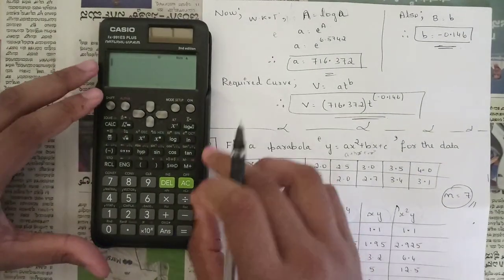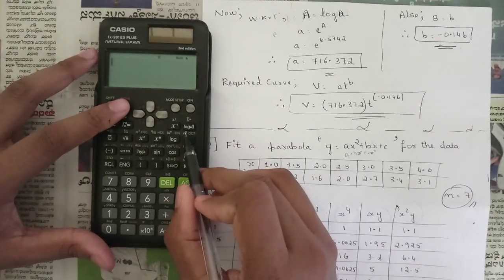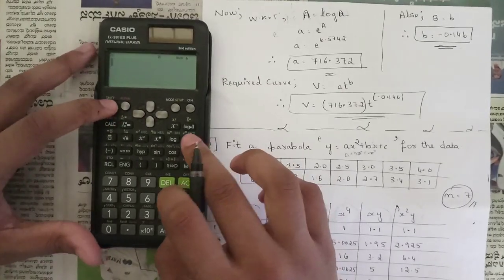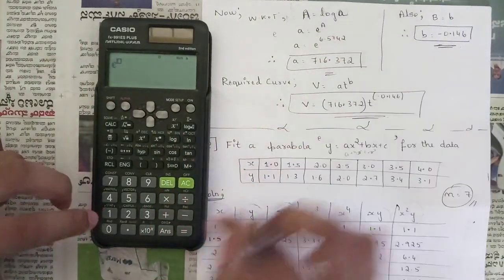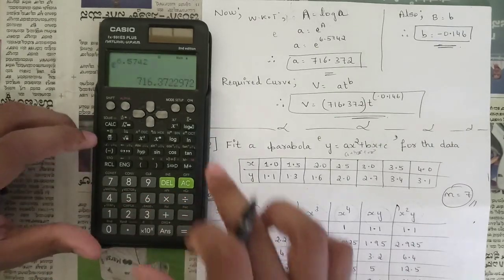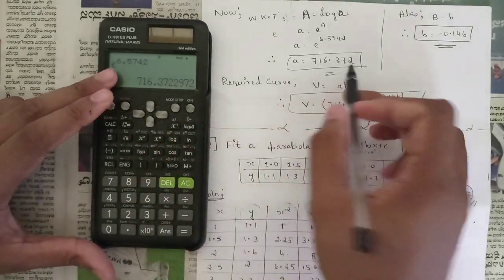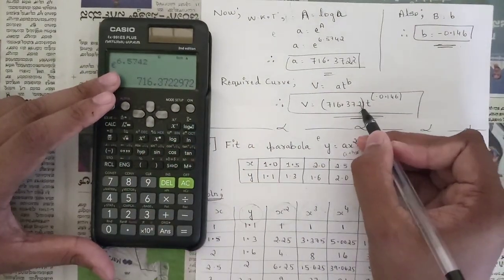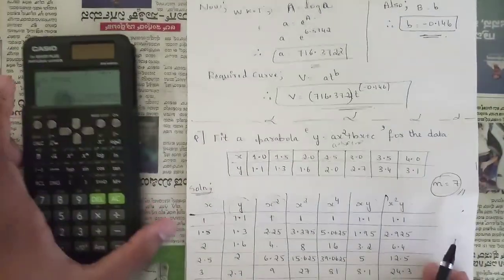To get e, we need to press shift ln. Then substitute the value of A, 6.5742, and the answer we got is 706.3722, to 4 decimal places. So like this we get the small letter a.